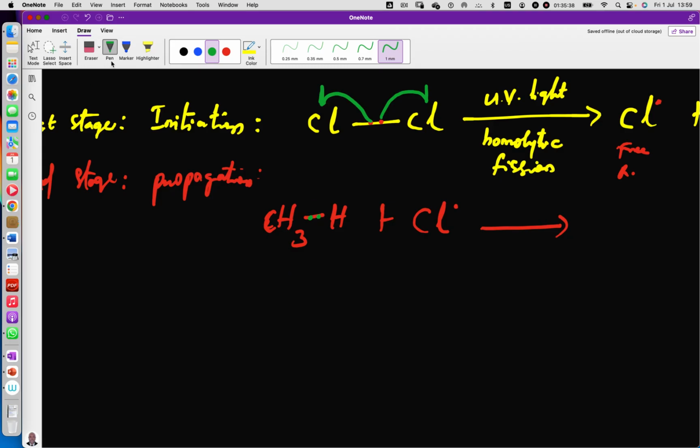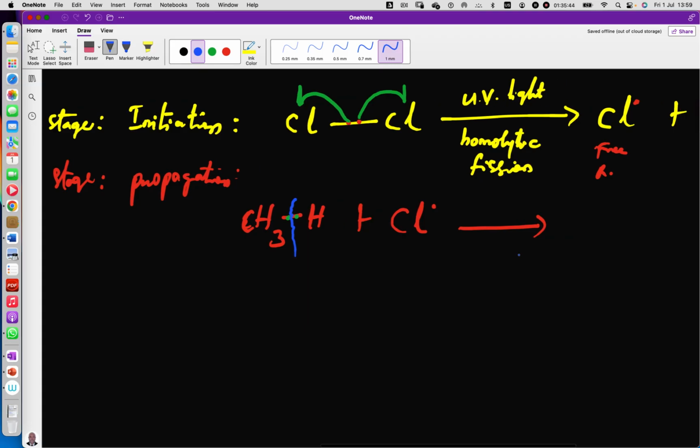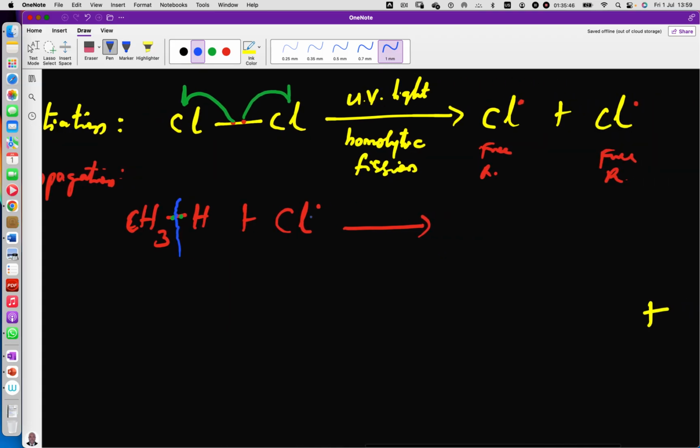When this happens, the bonding electrons will split, and a free radical is going to be formed. Now, one of these free radicals here will join with this one to form hydrogen chloride.